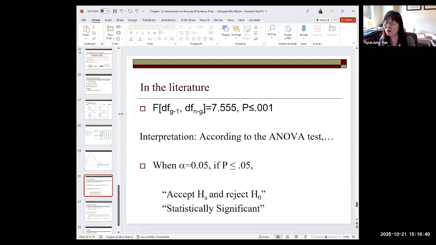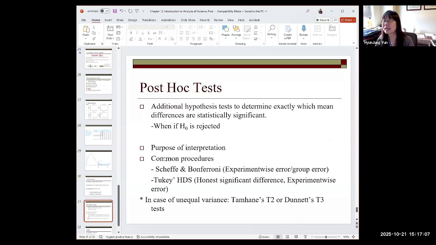But we do not know whether Republicans are statistically significantly different from Democrats, or whether Independents are statistically significantly different from Democrats. So once the ANOVA test is statistically significant, we want to confirm which group differs from which. That's the post-hoc test, the follow-up test after the ANOVA test.